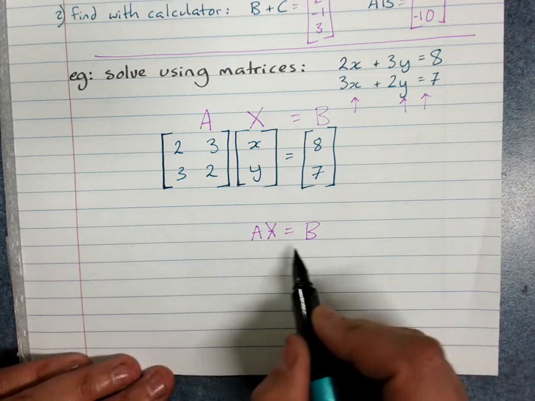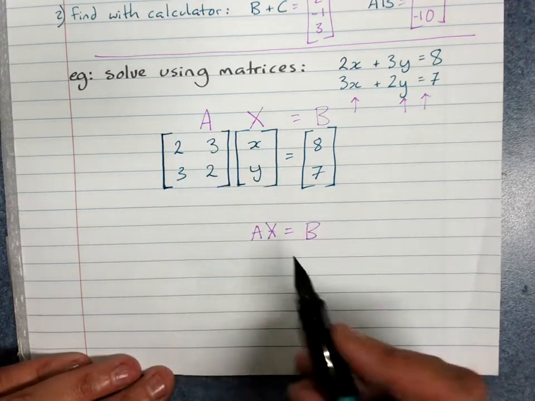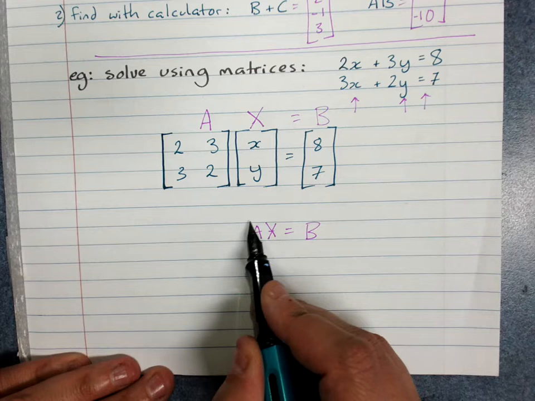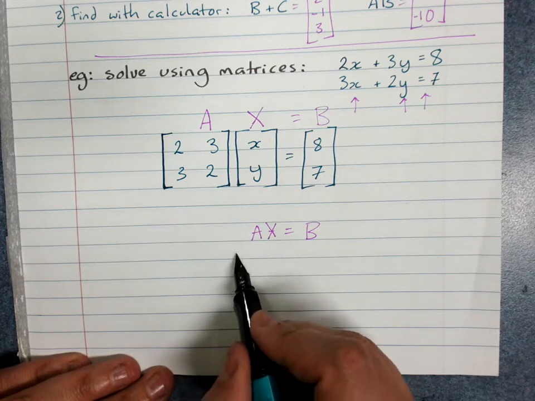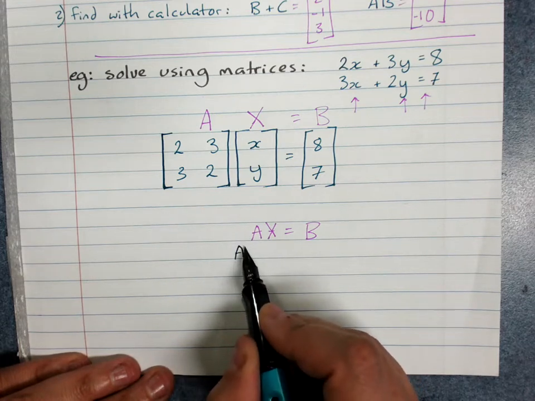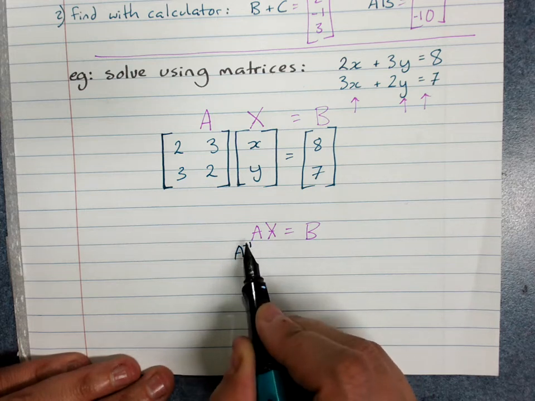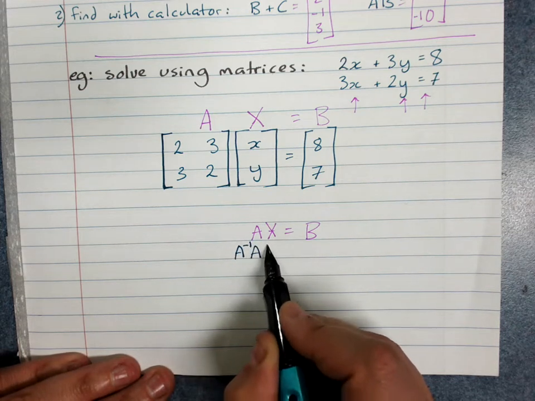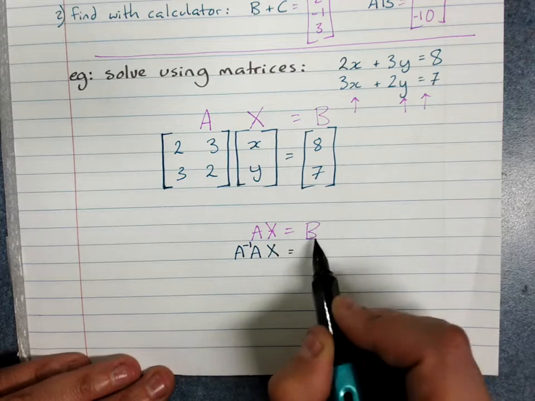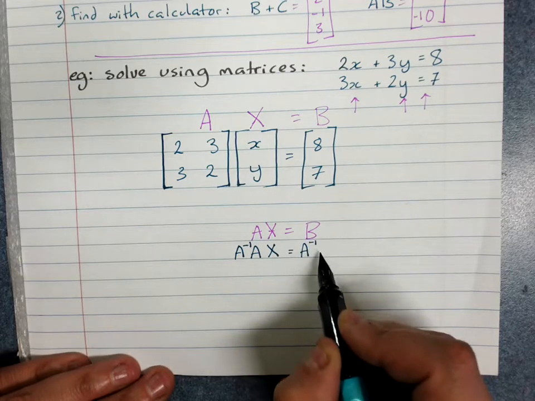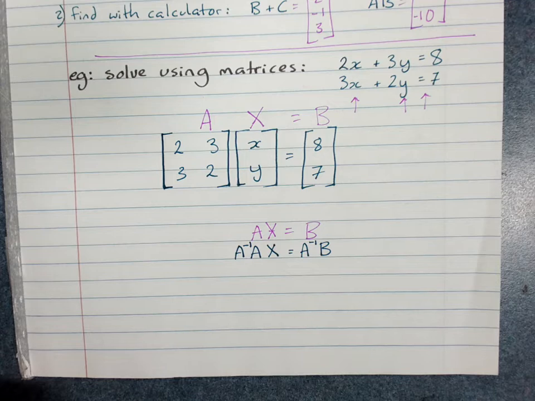I need to multiply on both sides by the inverse of a, and because a is in front, the inverse of a has to go in front. Inverse has the little -1 power, so inverse a times x, and we do the same on this side, inverse a times b.